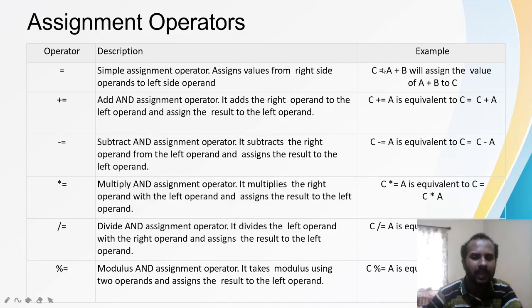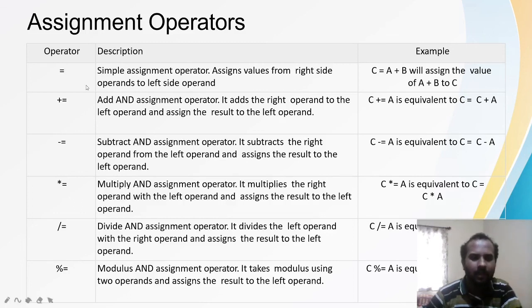So A plus B will be solved and then it will be assigned to C. The right hand side need not be an expression only. You can have a variable, a constant, an expression or a function also, but the left hand side will always be a variable.